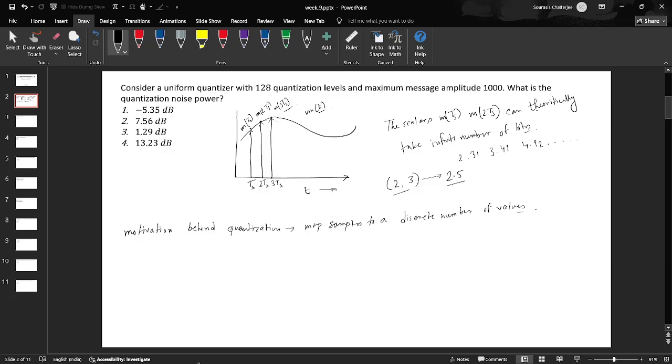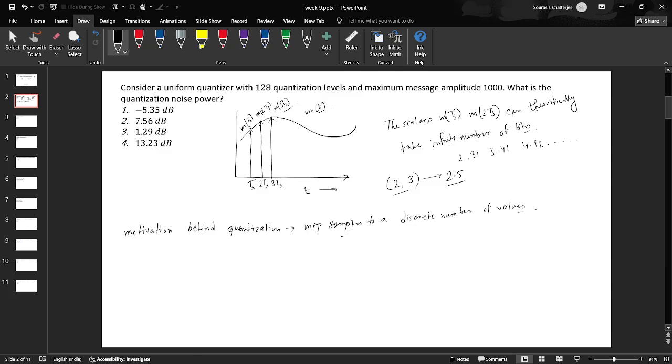The samples you are getting, you don't have any control over, they can take infinite number of values, but what you can control is to map them to a discrete number of values, because you cannot really work with infinite number of values. So that is what the motivation behind quantization is.